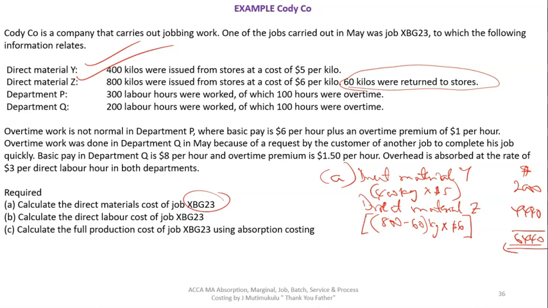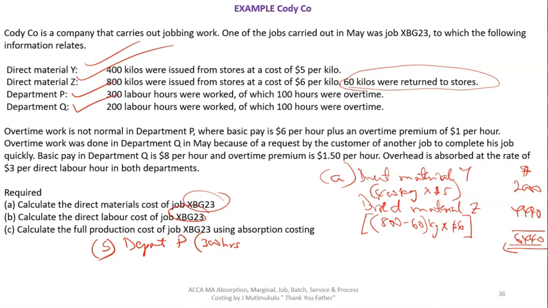That's for the first part, and then we go to the second part, that is part B: calculate the direct labor cost for this particular job. For the direct labor, we have to consider the labor information, Department P and Department Q. Let's start with Department P. We are being told of 300 hours worked, of which 100 were overtime.